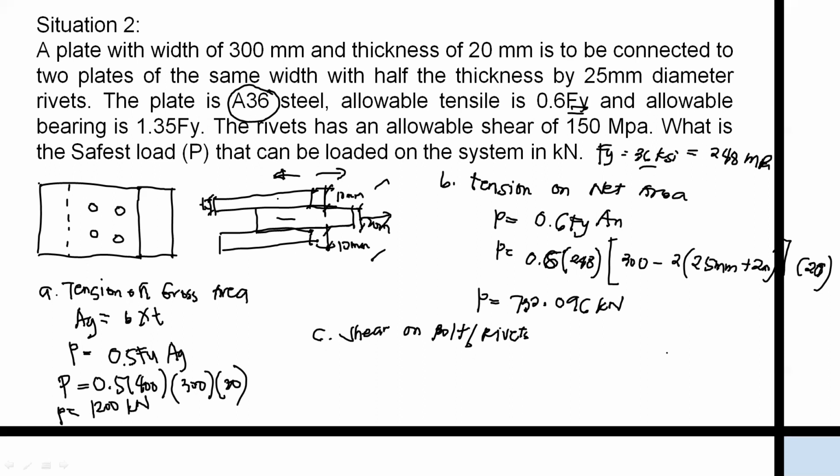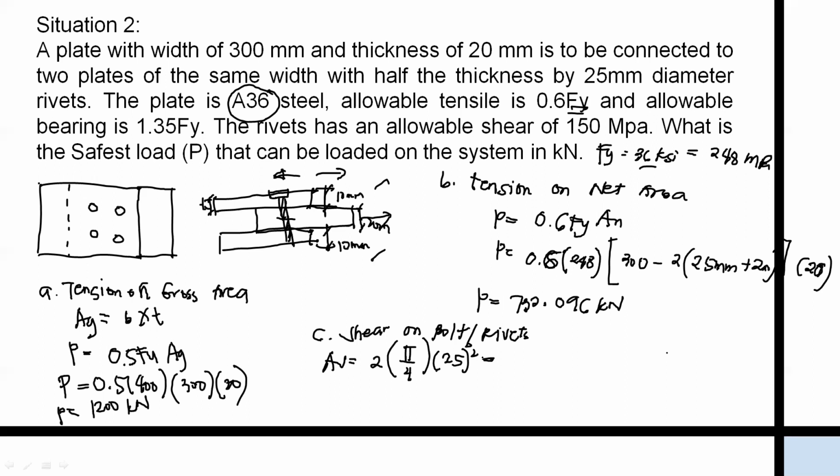Okay, next one is we can have your shear on rivets, on bolts or rivets. Okay, how? So if we have a bolt here, it could experience a double shear. So it would experience a double shear, and our area of shear could be 2 times pi over 4 multiplied to the square of the diameter of the rivet, and that is 25 squared.